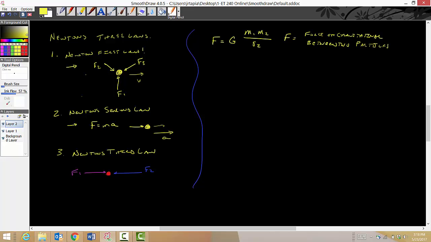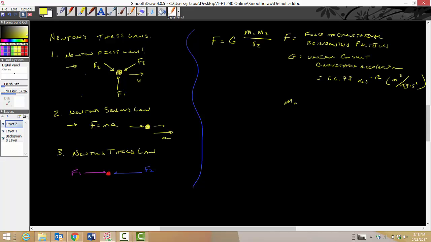G is a universal constant of gravitation, and that is 66.73 times 10 to the negative 12 meters cubed per kilogram per second squared.